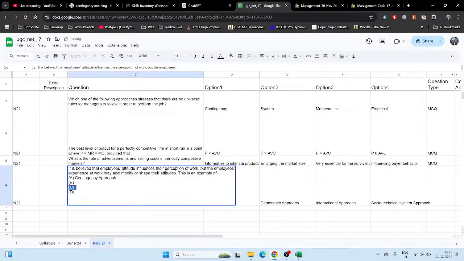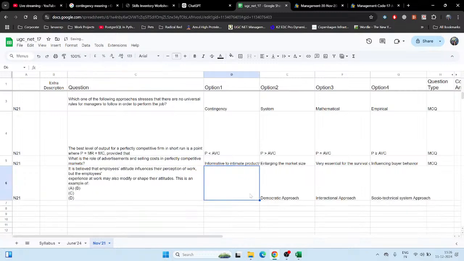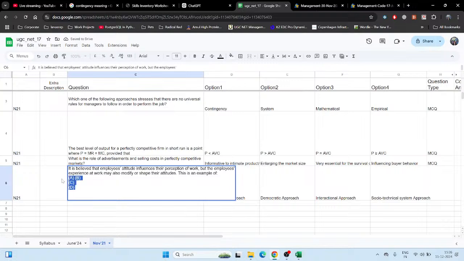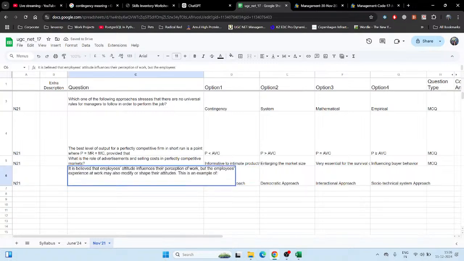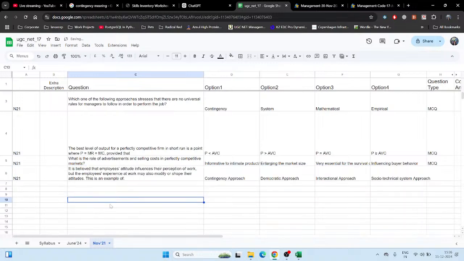Democratic contingency: you don't know what work might come. You are ready to do anything, and based on the situation, whatever work comes in, you have to deal with it. So that does not look like the answer. Democratic approach means people sit, people vote, and work is divided equally, something of that nature. That also doesn't seem like the answer.